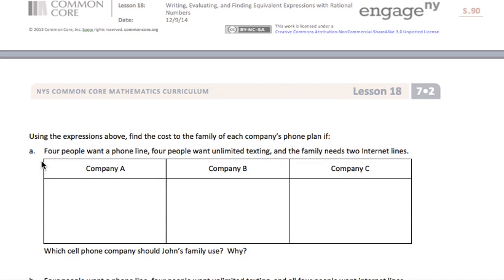So we'll look at situation A. In situation A, 4 people want a phone line, 4 people want unlimited texting, and the family needs 2 internet lines.